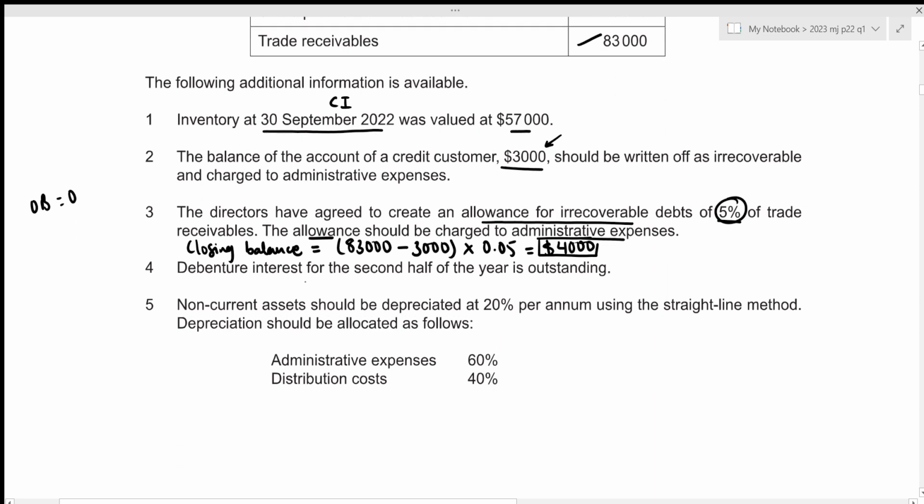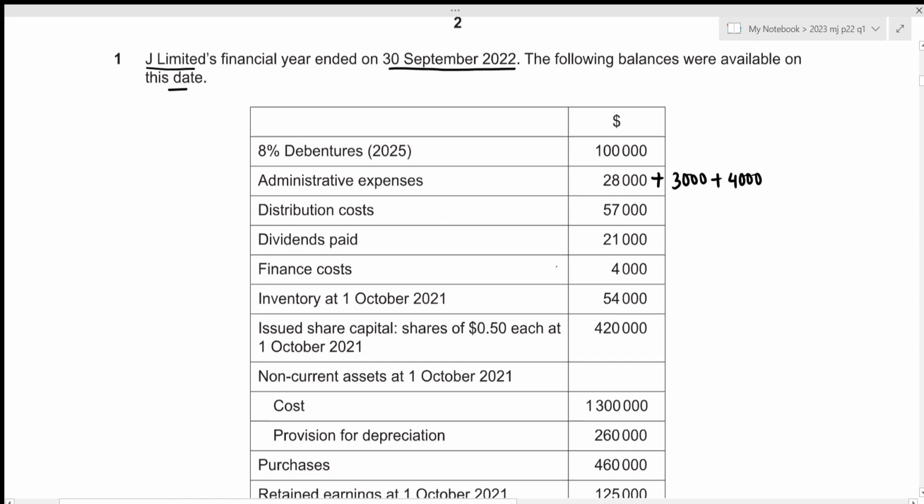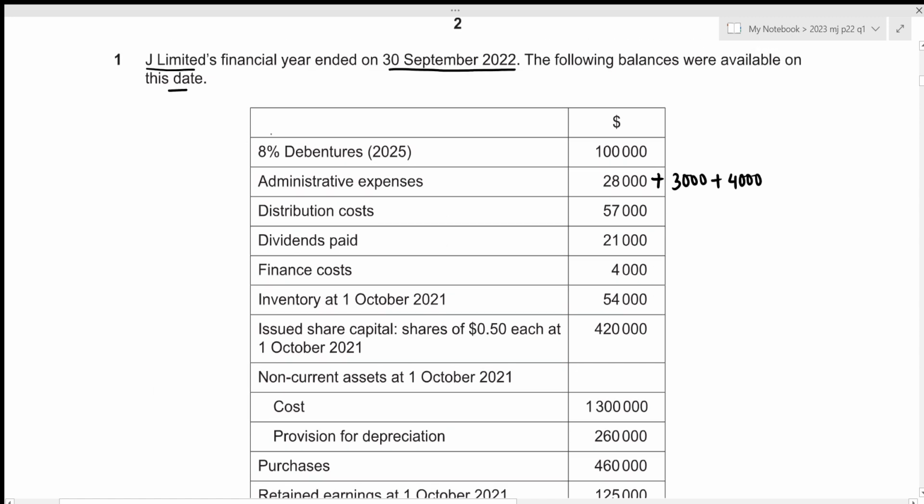Alright. Then debenture interest for the second half of the year is outstanding. Let's have a look at our debenture. It's 8%, so that's the rate, and the total amount for debenture is 100,000. So the interest on debenture is just going to be the amount of debenture, 100,000, multiplied by the rate, 8%, which results in 8,000.